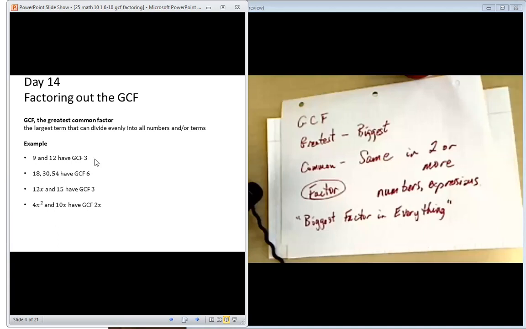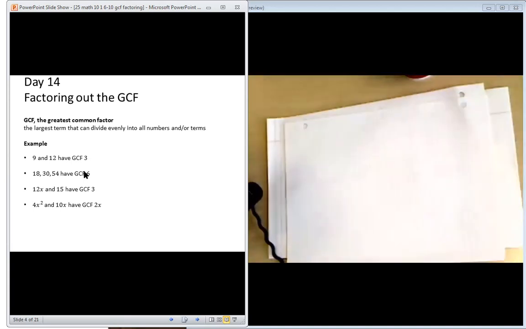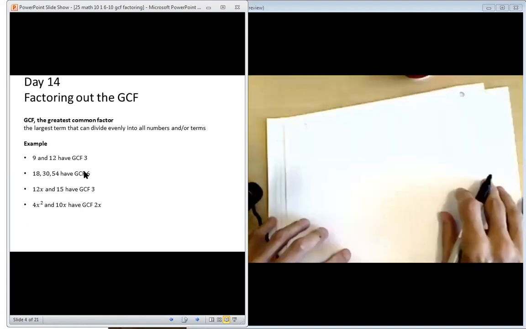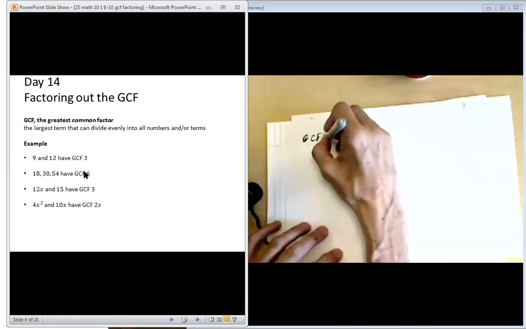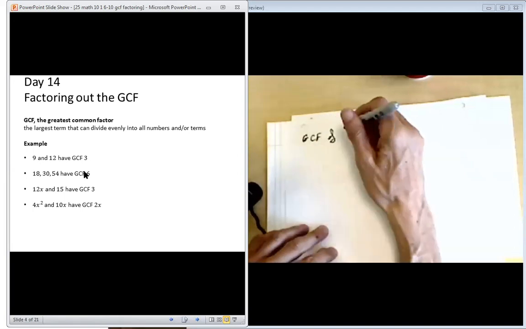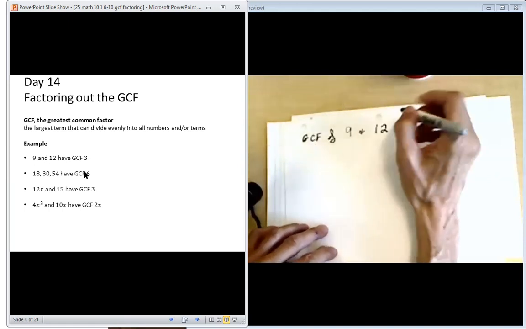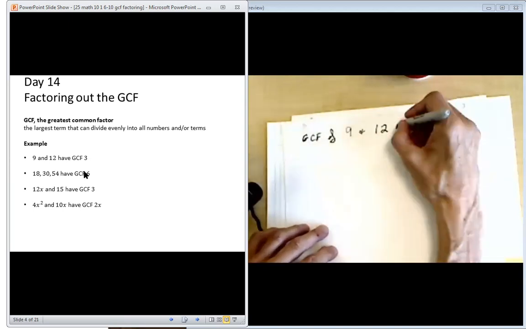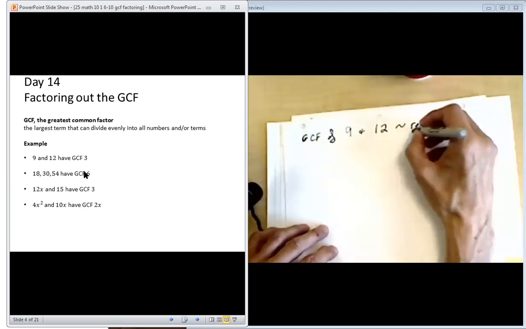Okay, so what I'm going to do is show you how to get these, a cool looking method that I'd like you to be aware of and practice. Okay, so if we are faced with finding the GCF of 9 and 12, then we're going to do a type of repeated division.